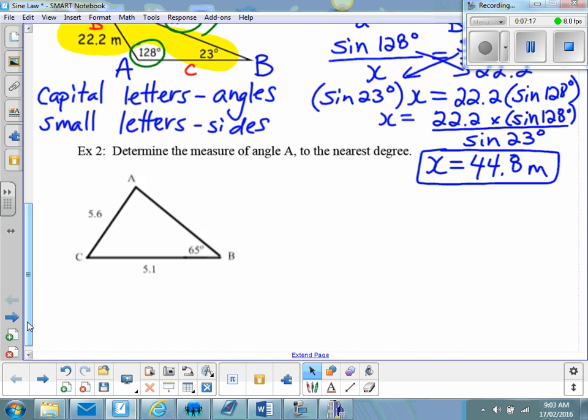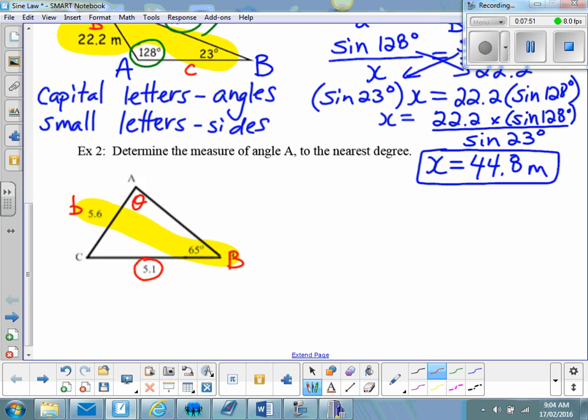So in this case, if I'm looking at this question, and remembering that I want to use sine law if I have partners. In this case, my partners are with side B and angle B. So here's my side B, and there's my angle B. And I'm trying to find angle A, so I'm trying to find that angle.